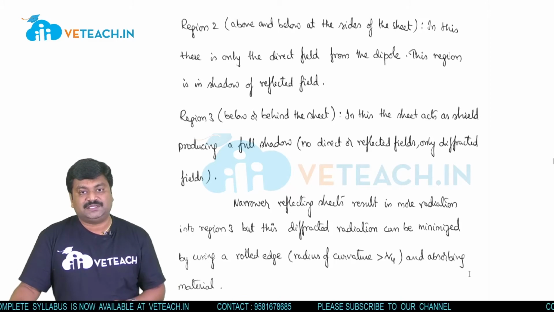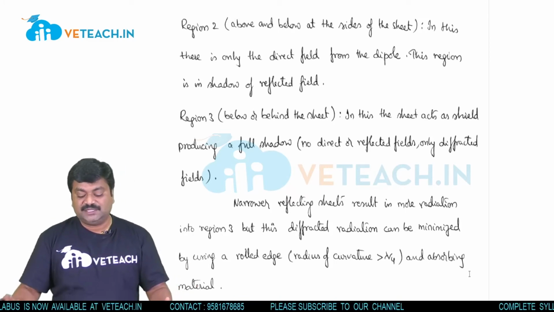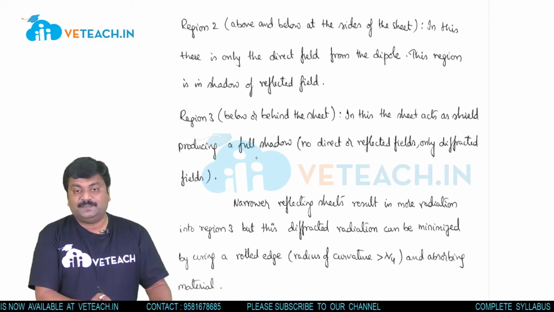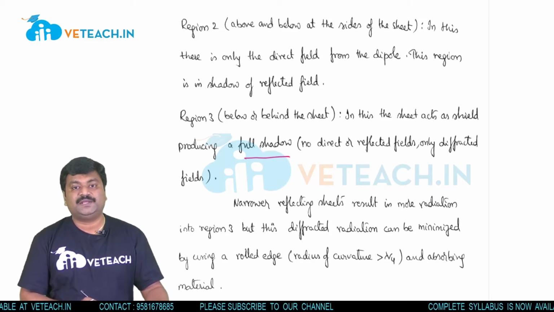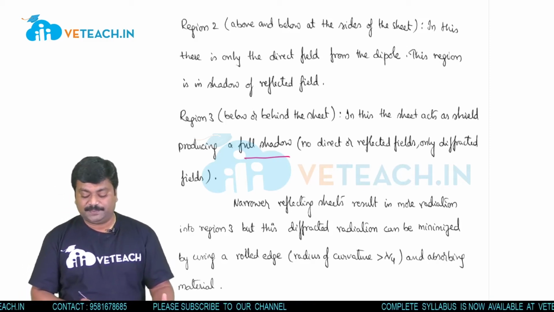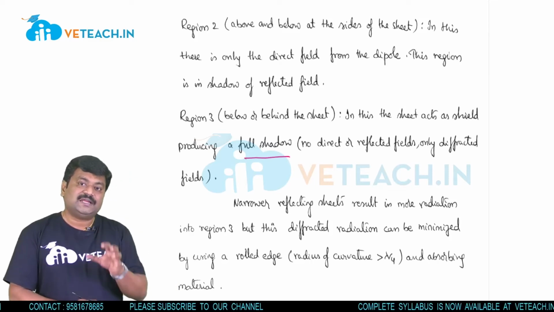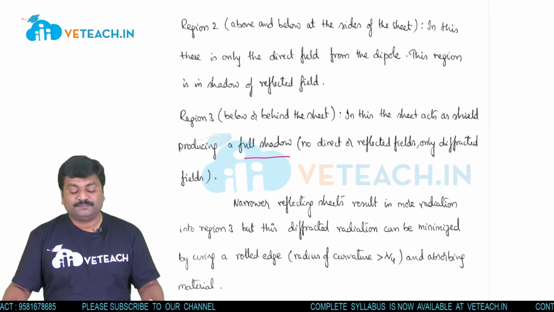Region 3 is said to be below or behind the sheet. In this, we will have a complete shadow region. That is, we will not be able to see the incident field pattern as well as the reflected field pattern. Only diffracted fields will exist in region 3.